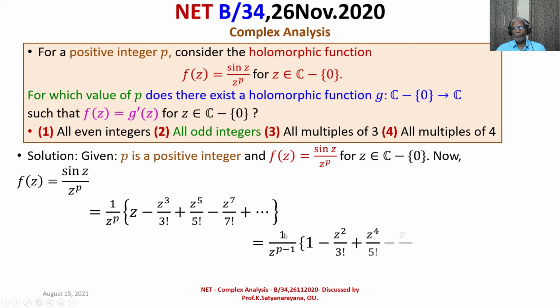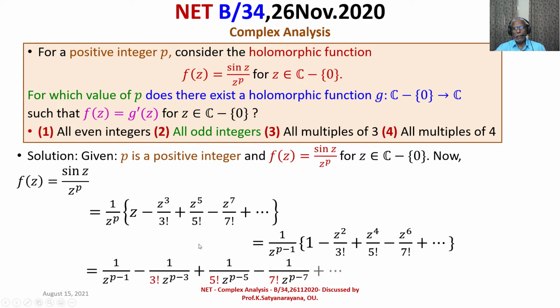That will be equal to 1 by z to the power of p minus 1 into, after taking out z from this series, 1 minus z square by 3 factorial plus z to the power of 4 by 5 factorial minus z to the power of 6 by 7 factorial, etcetera. Then we multiply 1 by z to the power of p minus 1 inside the bracket.